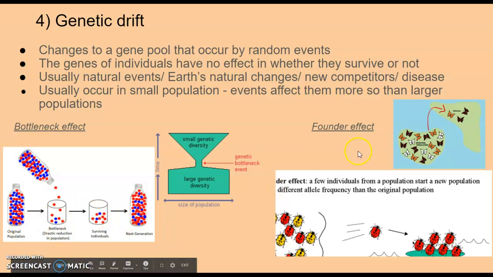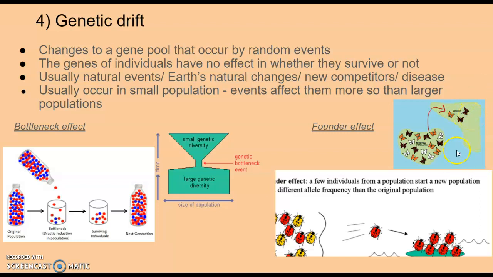Another effect is the founder effect. This is when few individuals from a population start a new population, allowing a different frequency of alleles. So look at this population up here. I have white, black, and orange butterflies, right? This just happened to be that a couple orange and black butterflies have gone to this little island. Now, if they stay here, they're going to create their own population, and it's going to be different.